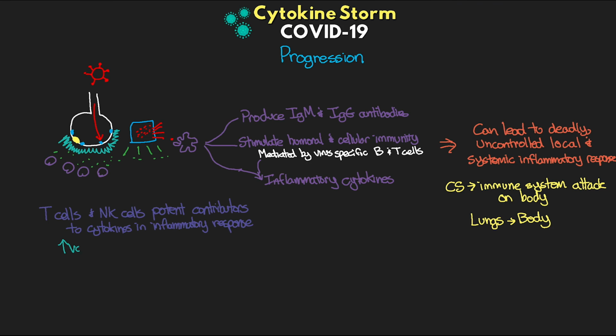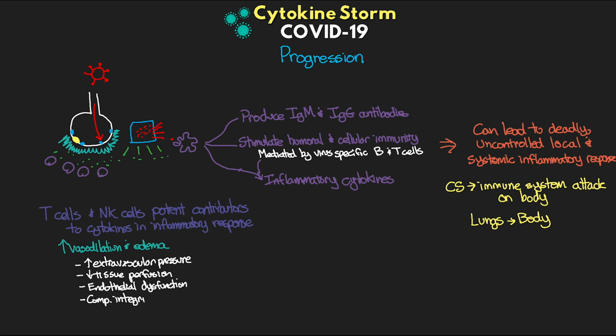These contribute to the vasodilation and edema, which is ultimately going to increase our extravascular pressure, decrease tissue perfusion, lead to endothelial dysfunction, and compromise the integrity of the endothelial cell junctions. All of this is going to complicate what we have going on here. In addition, plasma proteins and cellular debris are also going to accumulate.